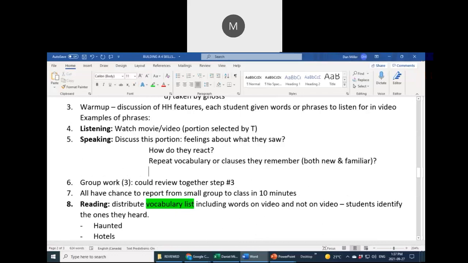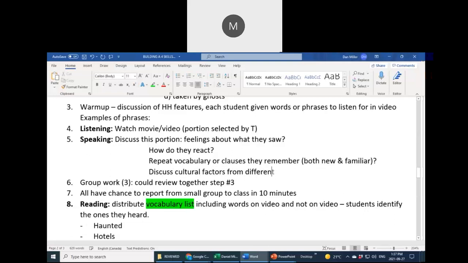We can ask them to discuss cultural factors, for example, whether every country believes in ghosts, or how they refer to ghosts. Again, it depends on their level.